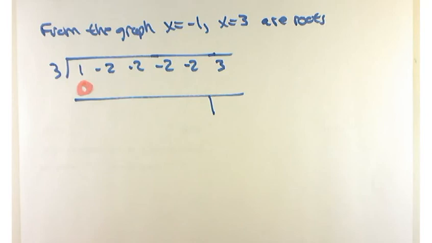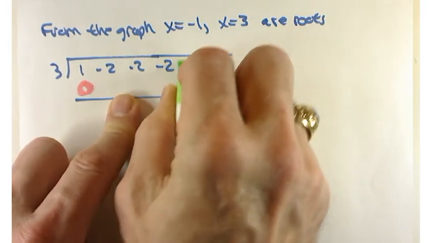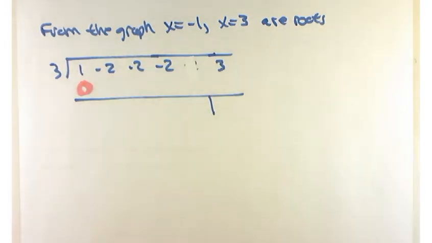Want to have that 0 there just so that you don't get turned around. Did I put in an extra 2 there? Hate when that happens. Sorry about that. All right, let's try it again.